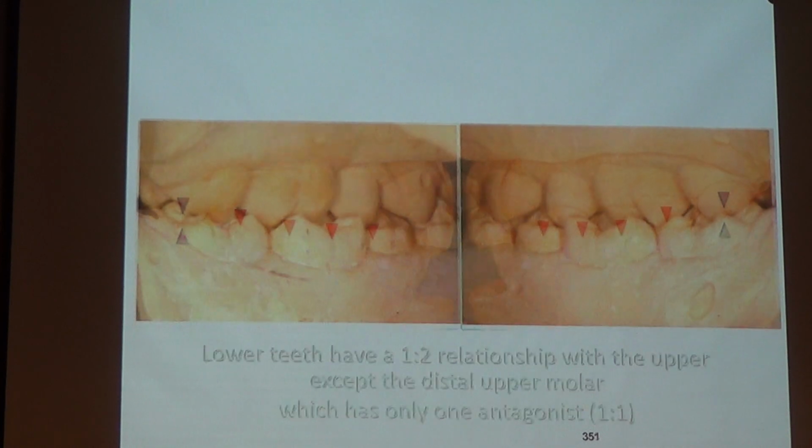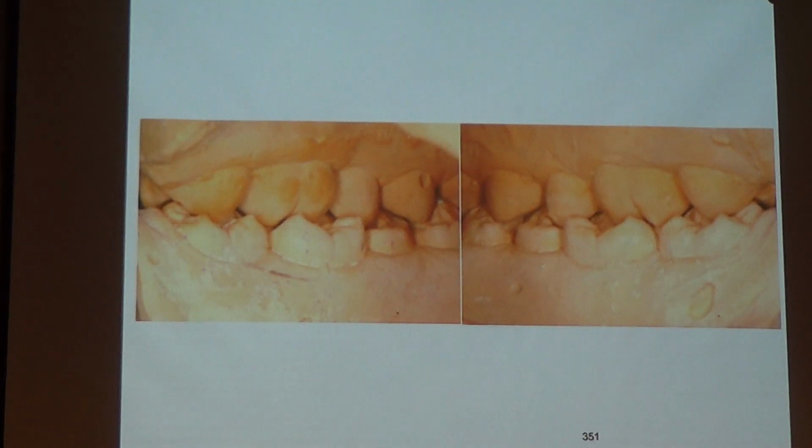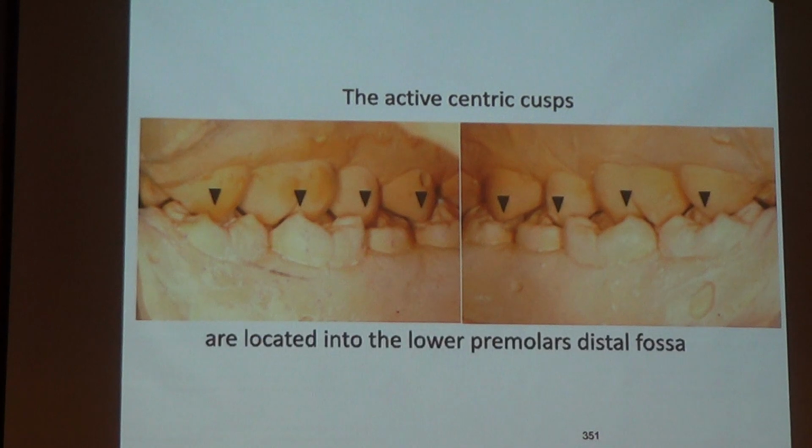And here is from where we should observe real occlusion. Now I can see occlusion. Và đây là cái khớp cắn mà chúng ta nên quan sát là từ phía trong. And you can see what? That this active centric cusp is located in the lower premolar's distal fossa.